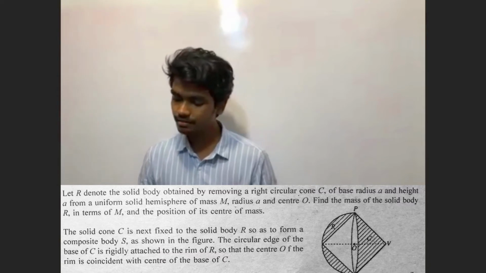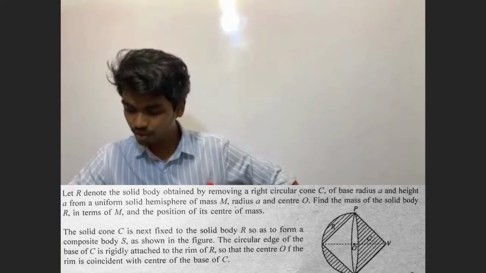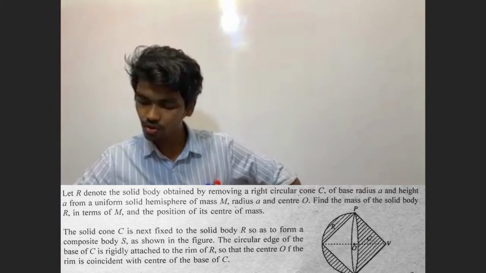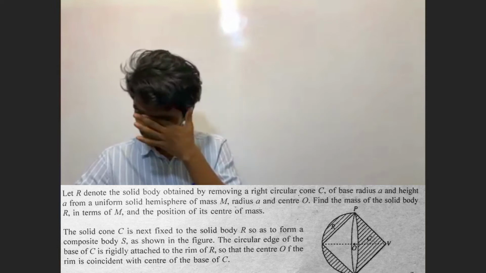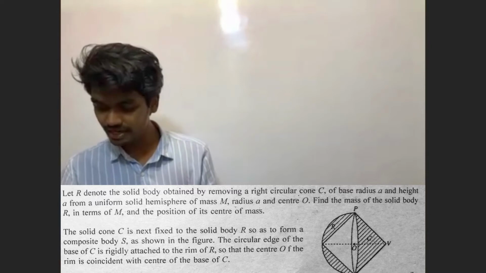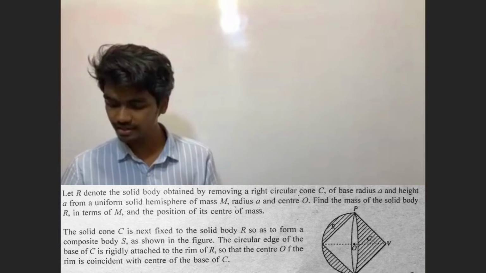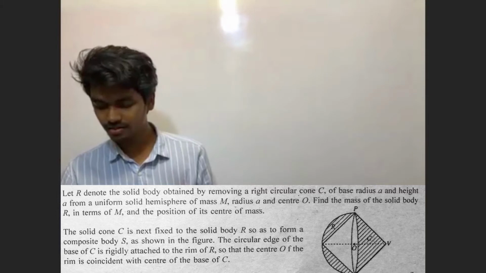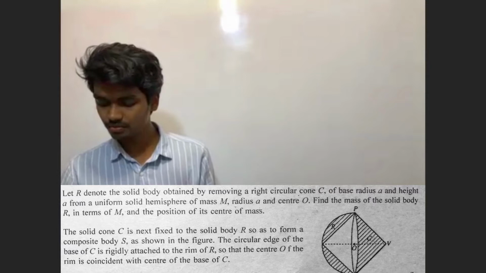They're saying, let R denote the solid body obtained by removing a right circular cone C of base radius a and height a from a solid hemisphere of mass capital M, radius a and center O. Find the mass of the solid body R in terms of capital M and the position of the center of mass.